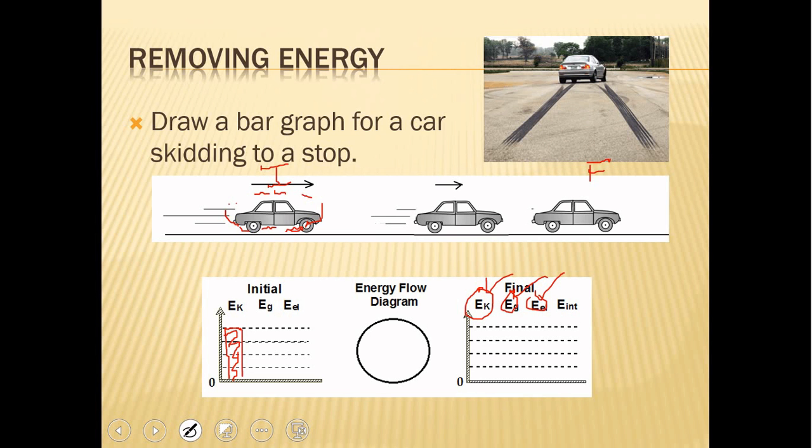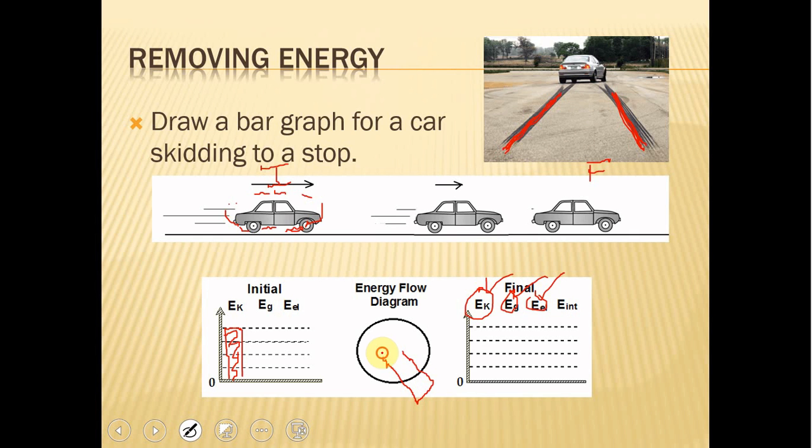So did it go into internal? Well, where did the energy go? As you can see here, when you slam on the brakes, you get these skid marks. It's an interaction between the wheels and the road when you're coming to a stop, because your brakes cause your wheels to lock up. So where does that energy go? Since the road is not part of your system, the energy is going to leave.